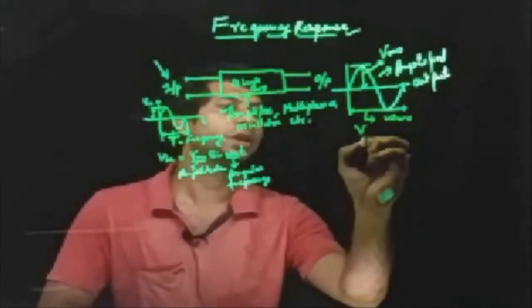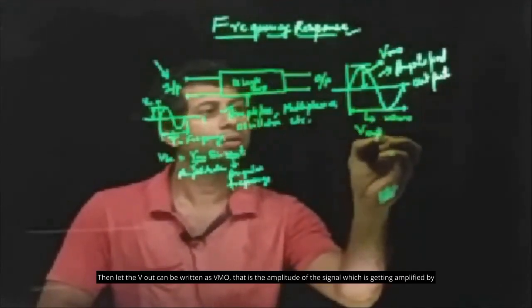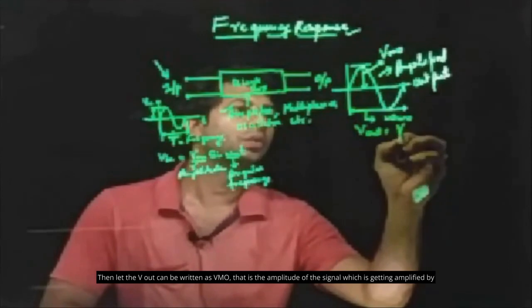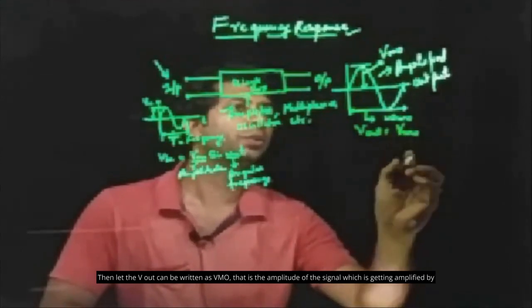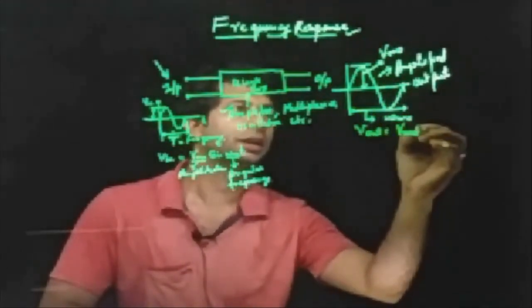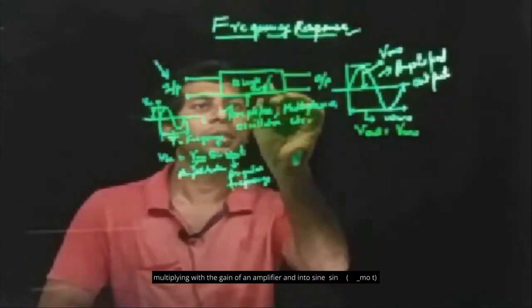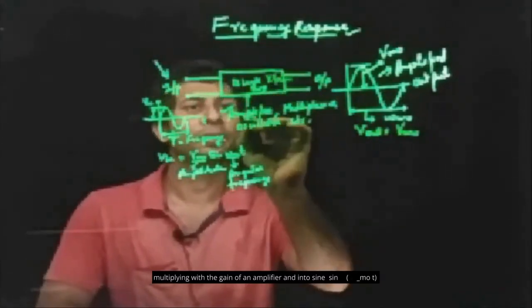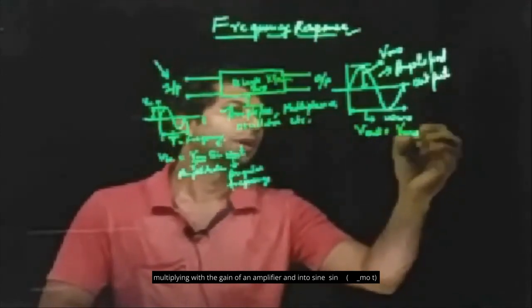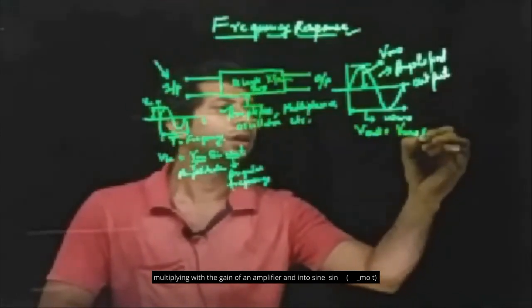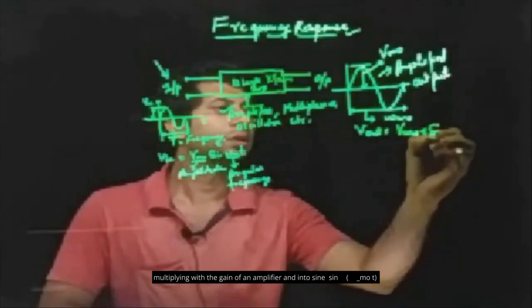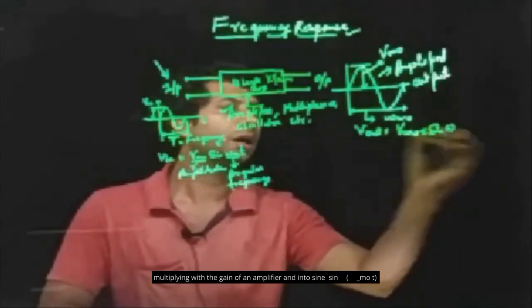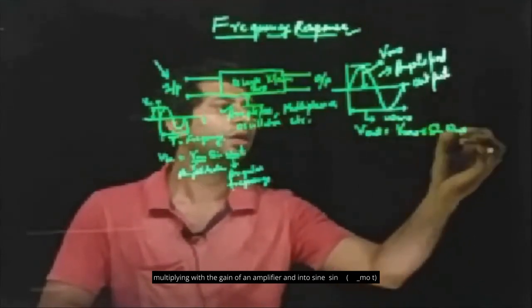Then V out can be written as Vmo, the amplitude of the signal, multiplied by the gain of the amplifier, into sine omega m naught t.